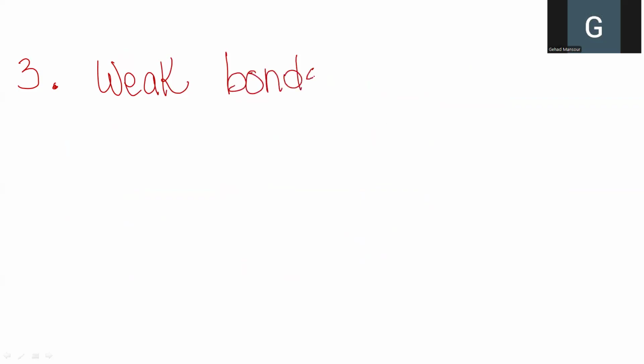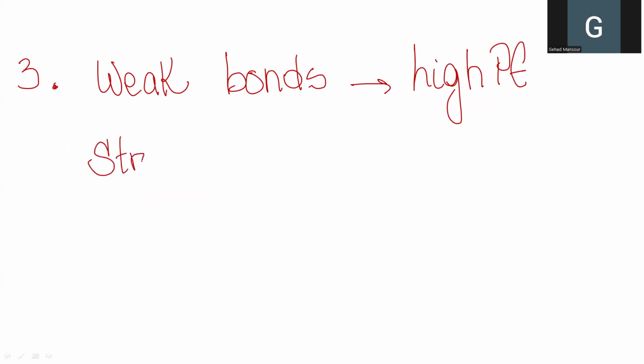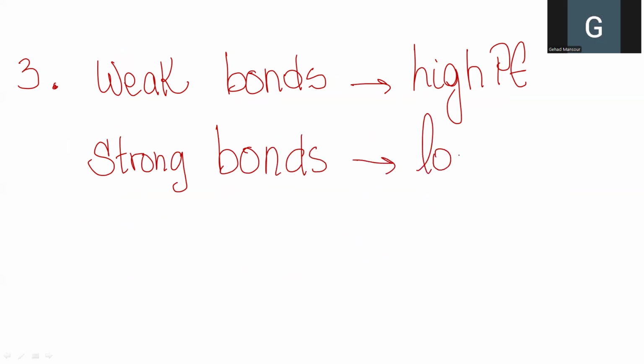Weak bonds are rather unstable, so they have a relatively high potential energy, and vice versa, meaning that strong bonds will have a relatively low potential energy. So if we compare, for example, double bonds and single bonds, double bonds will have a higher potential energy than single bonds.